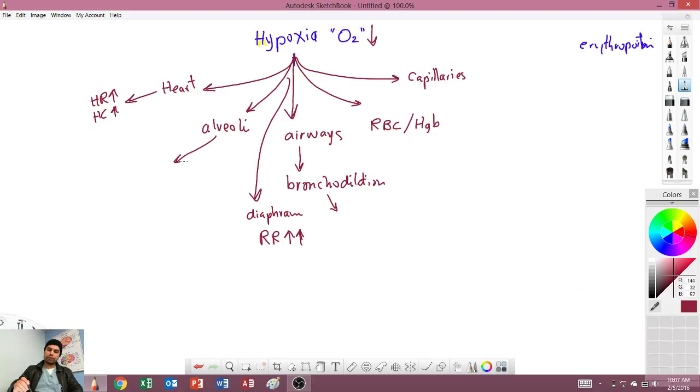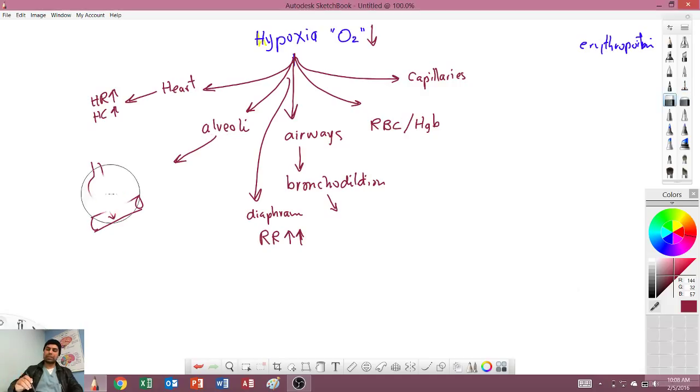What is the role of alveoli? See, alveoli is the medium between oxygen and RBCs. Okay. It is the exchange area. Very good. If this is alveoli and this is a blood vessel, oxygen has to diffuse from here to here. That means blood flow to alveoli should increase. Okay.